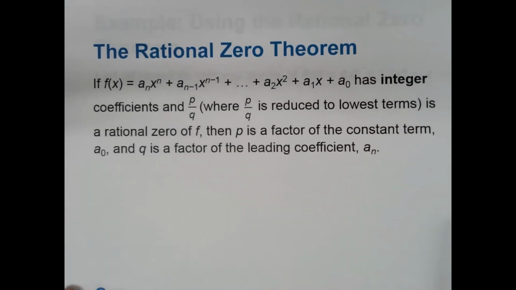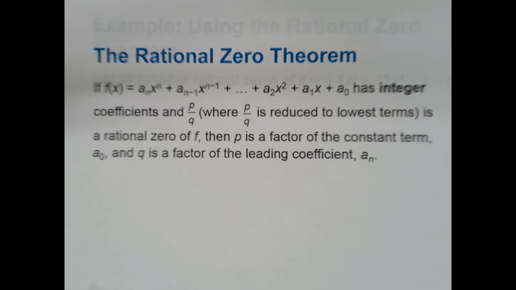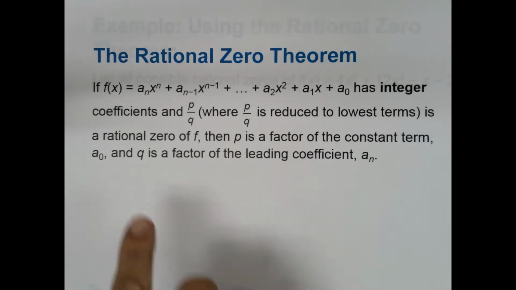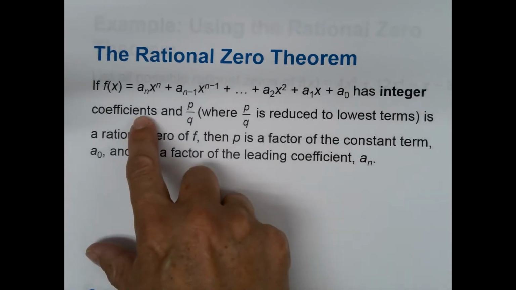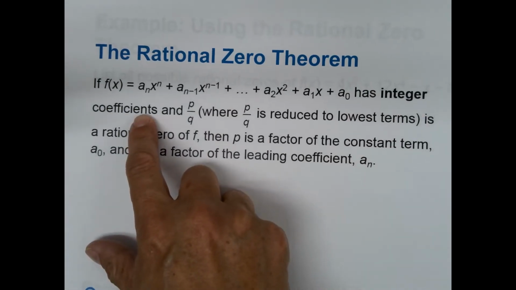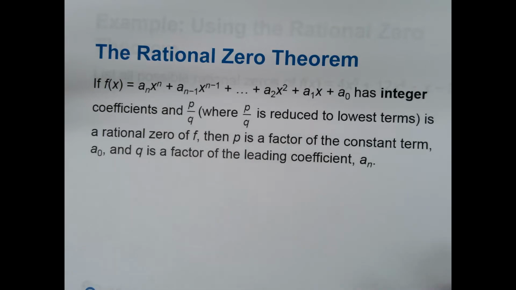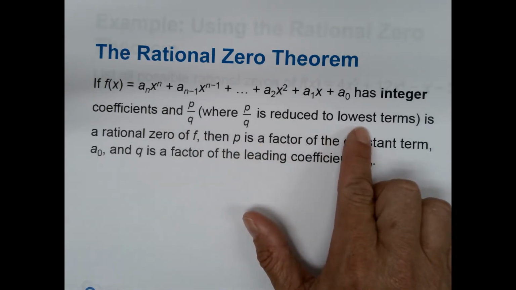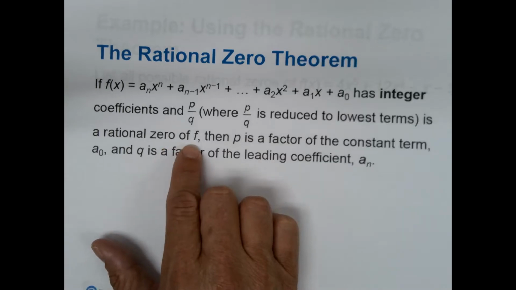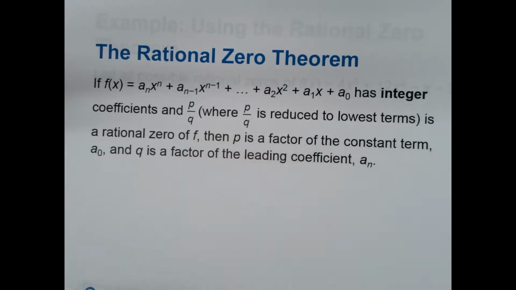Okay, so the rational zero theorem, this is our big theorem for section 3.4. It says if you're given a polynomial function and it has integer coefficients, and so it must have integer coefficients in order for the rational zero theorem to work, and P over Q, where P over Q is reduced to lowest terms, is a rational zero of f, then P is a factor of the constant term.